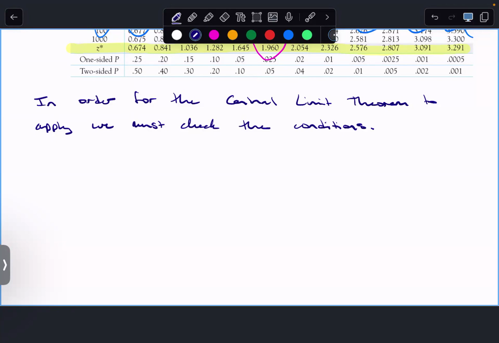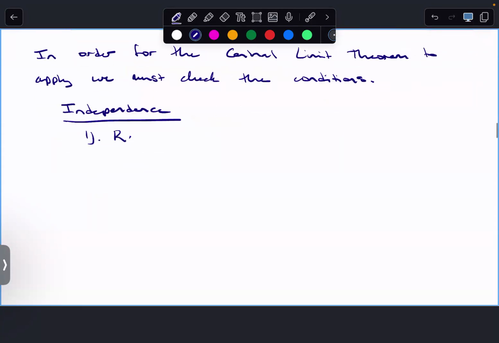There are two things that we have to check in order for that to be satisfied. So the first thing is independence. The number one thing, if you completely blank on the conditions, you always check it has to be randomly selected, right? The random selection ensures that these observations are independent of each other and representative of the sample, right? So the number one thing is that it's random, and I'll highlight it because that's the most important one. Okay.